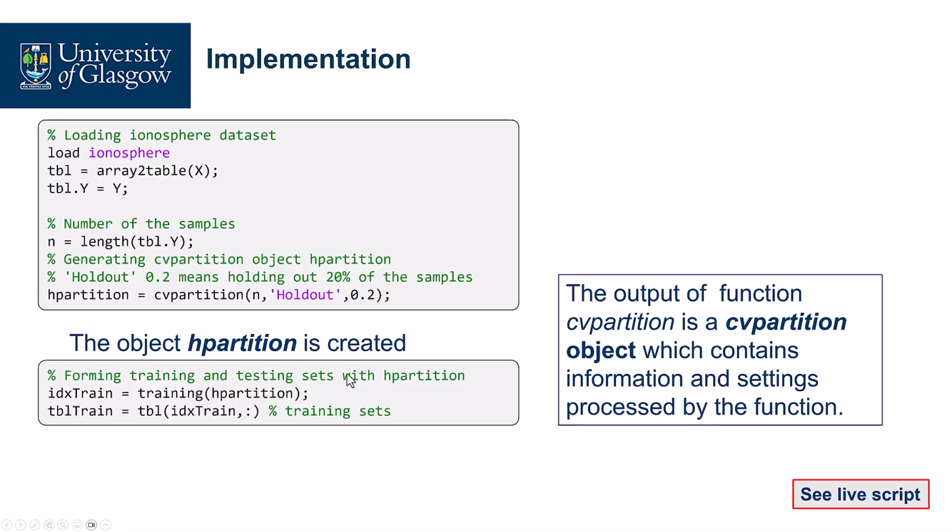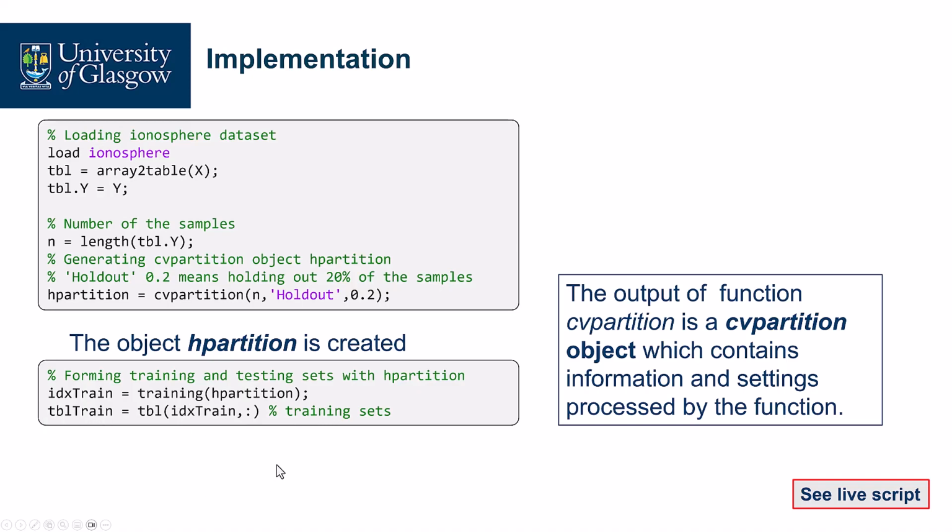Then to make use of it, I generate the training data. I use the function training with the argument hpartition. This function will return the index of the training data. Then I can use the table to get the corresponding rows to get the training set.